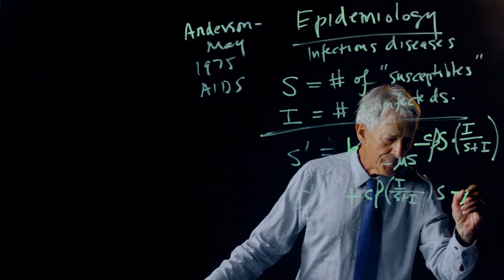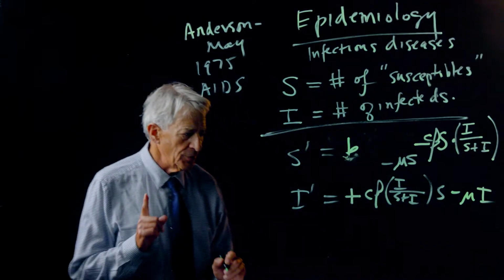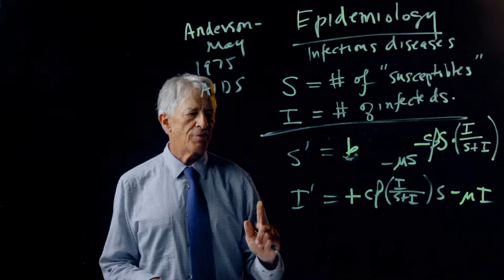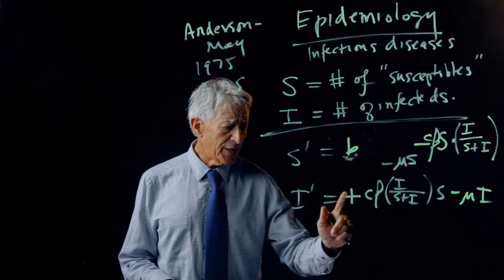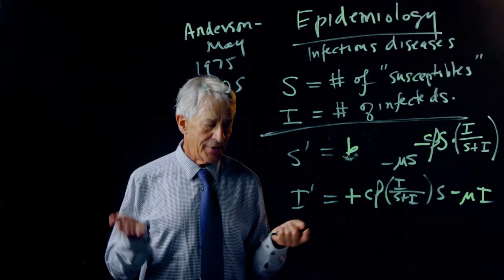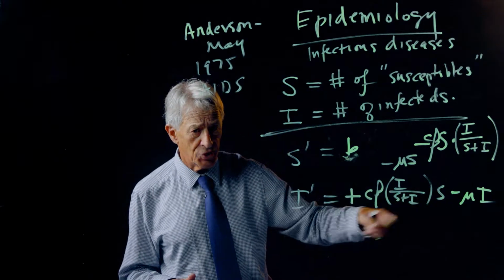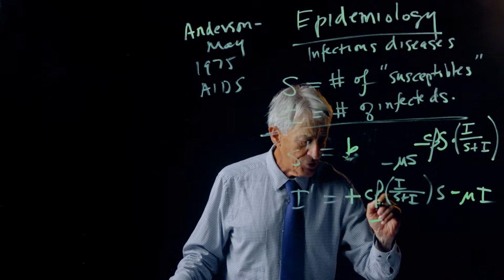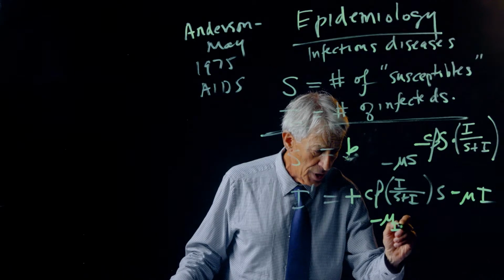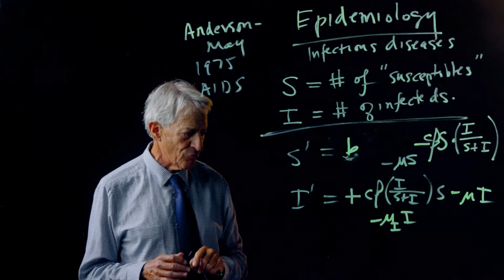So that's going to be minus mu I. And then we also have to allow for an I-dependent death rate, in which infected people suffer higher death rates as a result of their infection over and above the mu term that we all suffer. They're also going to have another death rate. I'm going to call it mu sub I times I. This is the special infected particular death rate.